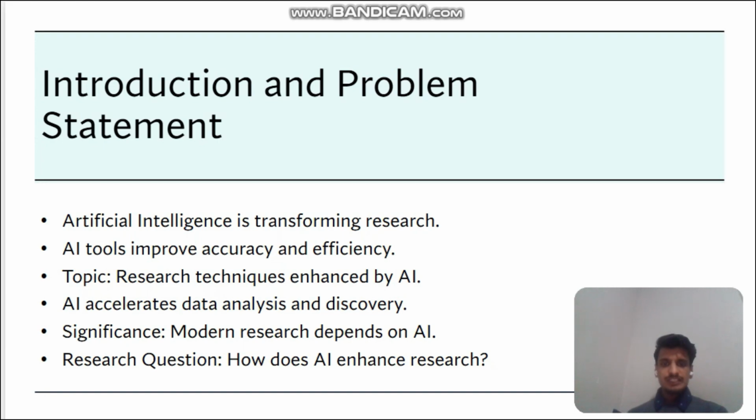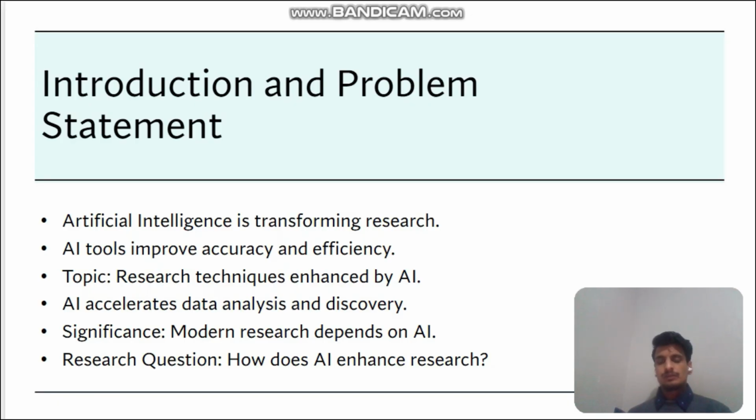The third one is the topic, which is research technique enhanced by AI. This is our topic and we're gonna look into it. The fourth one is AI accelerates data analysis and discovery. AI finds patterns in data very quickly.